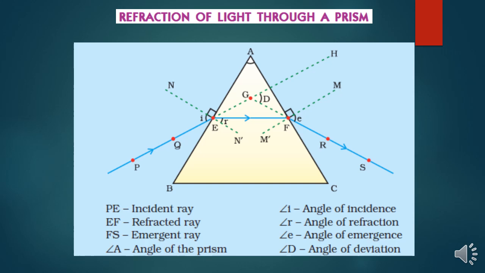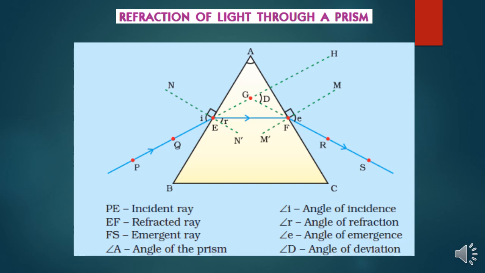Now look at the diagram. You will see that at point E, the light ray enters from air to glass because the prism is made of glass material. So the medium changes.